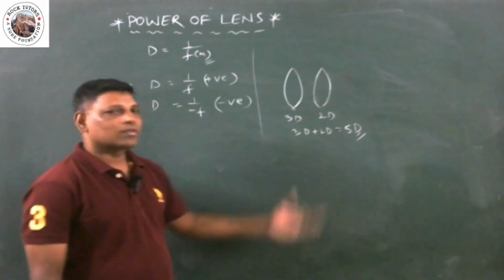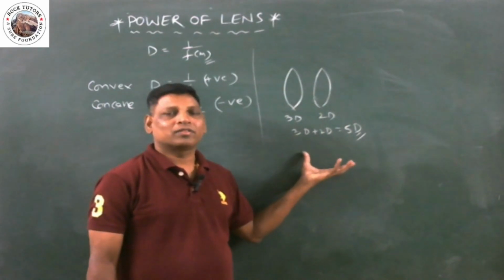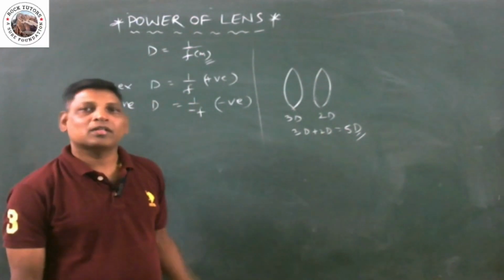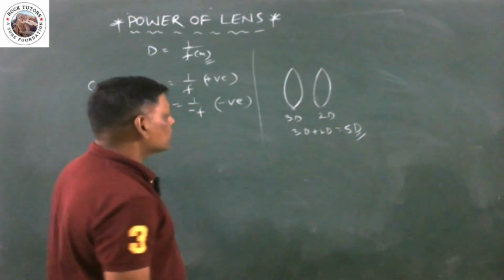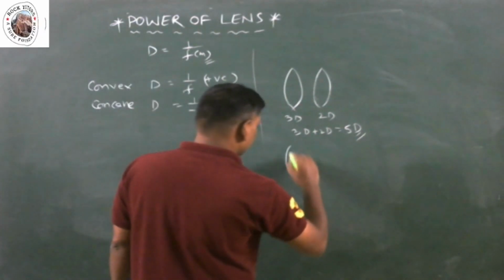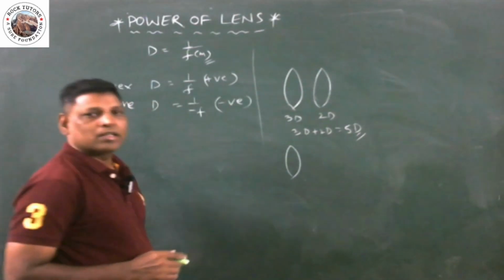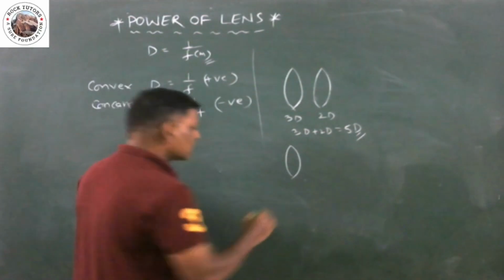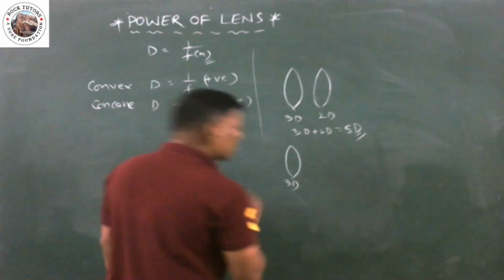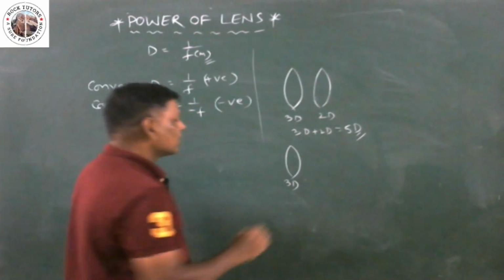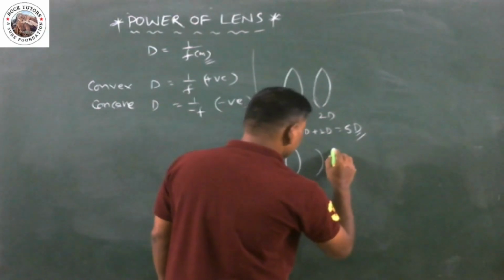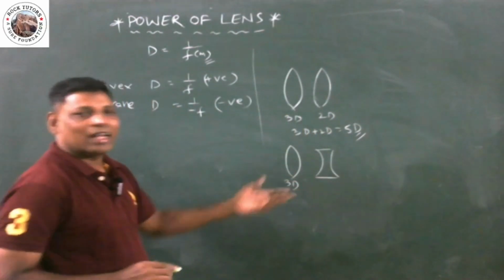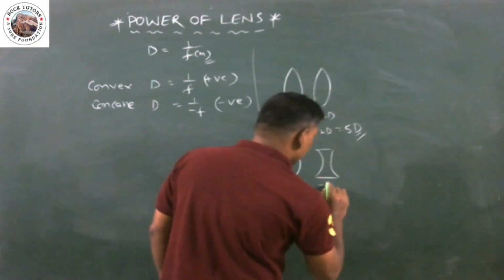This is the combination of powers of the lenses. Suppose I am taking two lenses. The power of this lens is 3D, and I take one more lens, a concave lens, whose power is minus 3D.